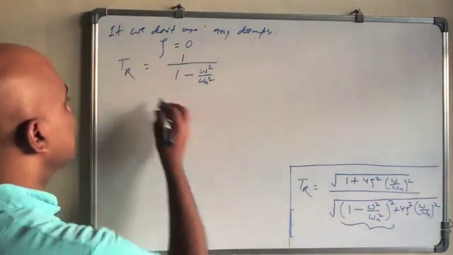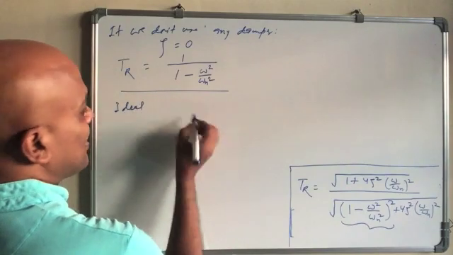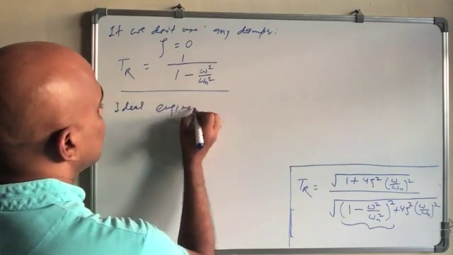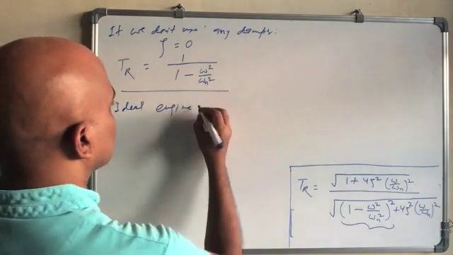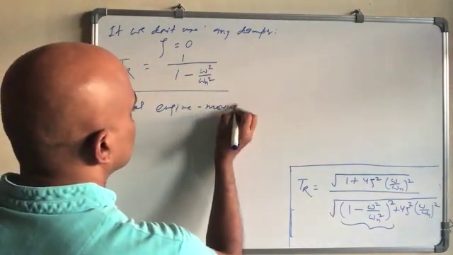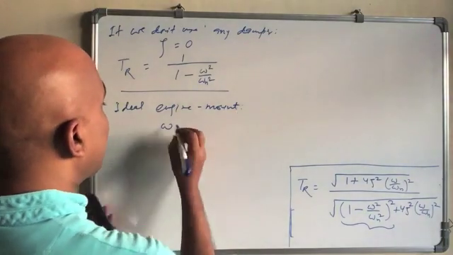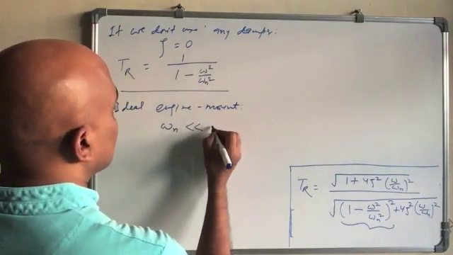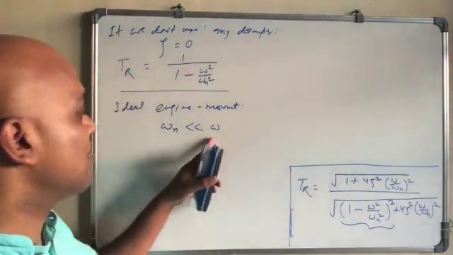So for one ideal engine mount, omega n is very, very less than omega.